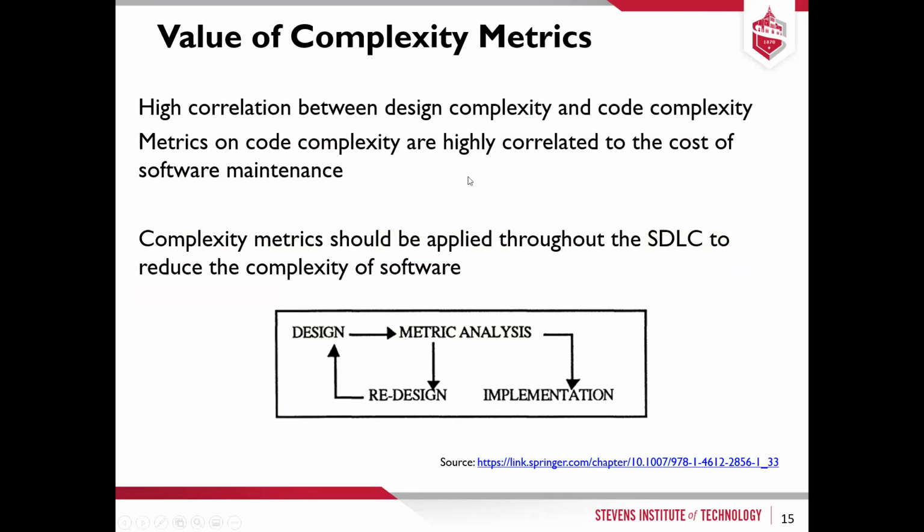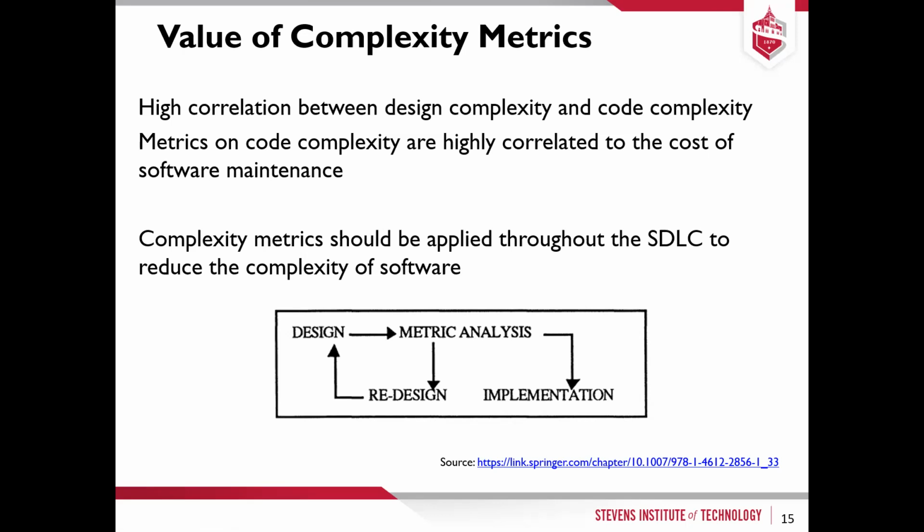The complexity metric should be applied throughout the whole life cycle of a project or the software that we are producing. If you remember from software architecture, we design the base architecture based on our understanding of what the system is. But then at every step of the development, we update some part of the architecture.